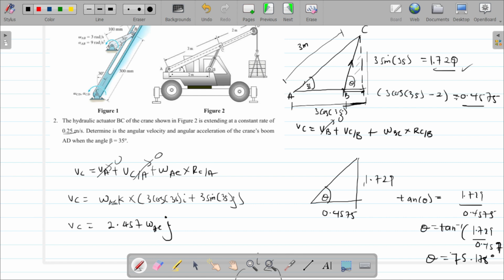So we have plus 1.720 omega AC. k cross j is what? k cross j is negative i, right?